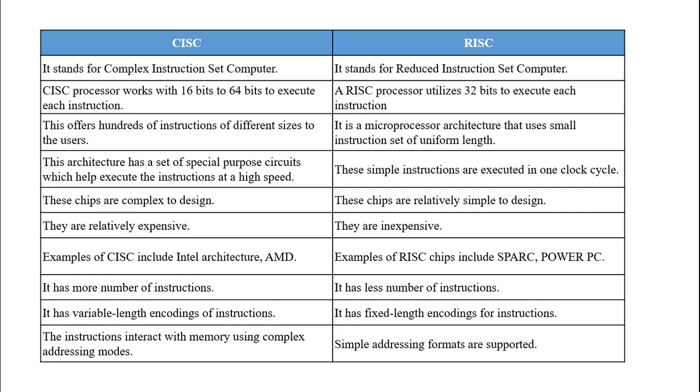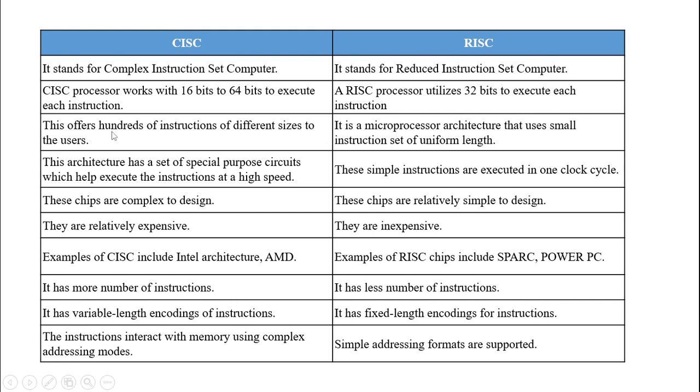In the comparison, RISC stands for reduced instruction set computer, and CISC stands for complex instruction set computer. CISC works with 16-bit, 32-bit, and 64-bit. RISC will operate in 32-bit mode always, though of course there is another thing called Thumb mode in ARM, which is a different case.